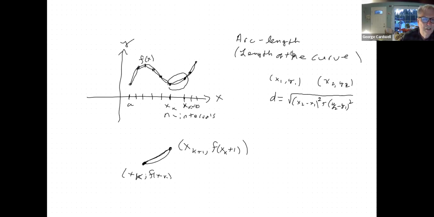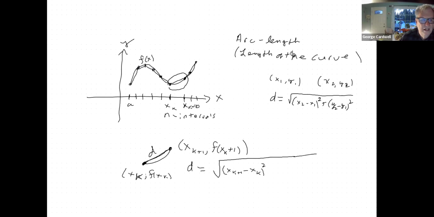So for this distance right here, we'll use that formula. I'll call the distance d. The distance is going to be the square root of the change in the x's, which would be xk plus 1 minus xk, and all that squared.